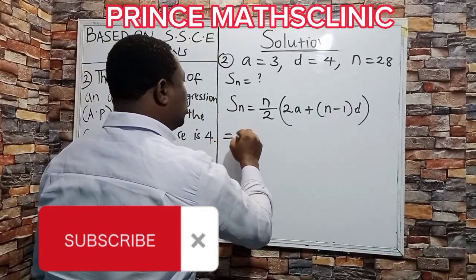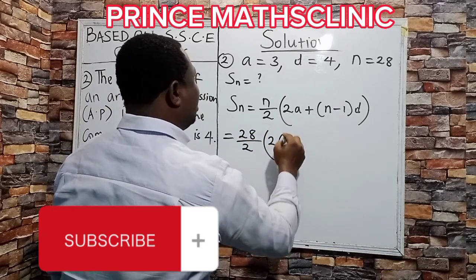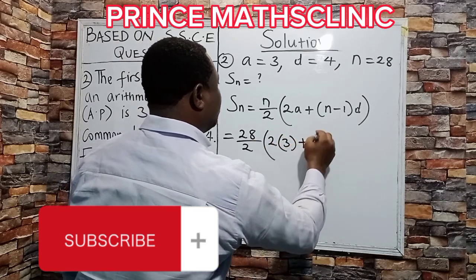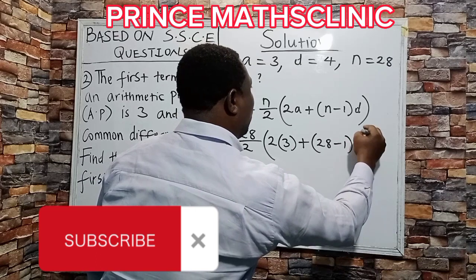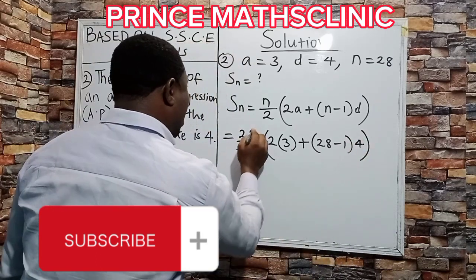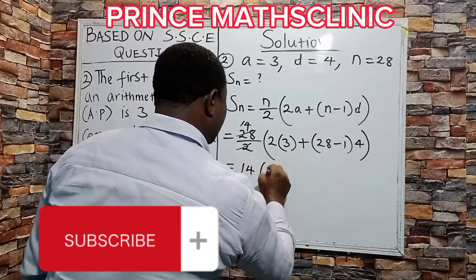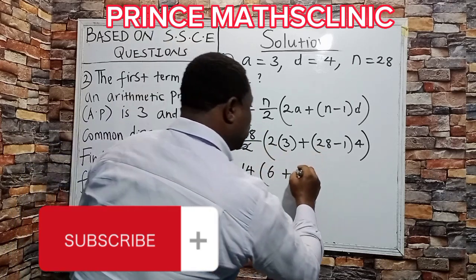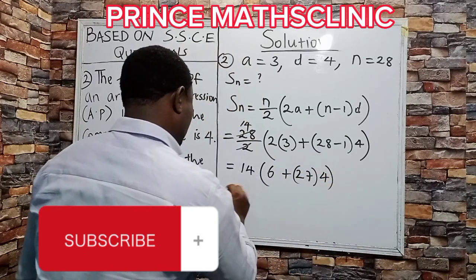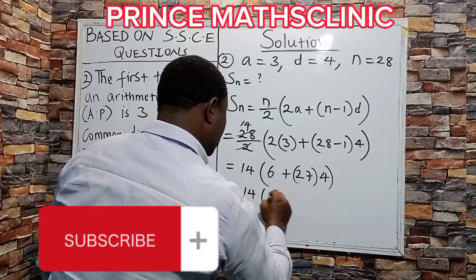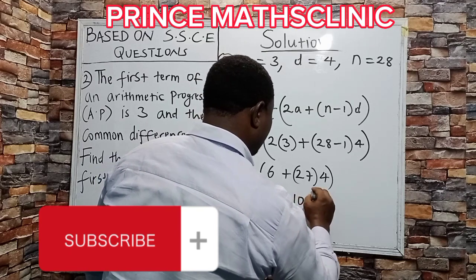My n here is 28 divided by 2. 2a is 2 times 3. n is 28 minus 1. d is 4. 2 can go in 28 14 times. 2 times 3 is 6. This is 27. 27 times 4 should give you 108.